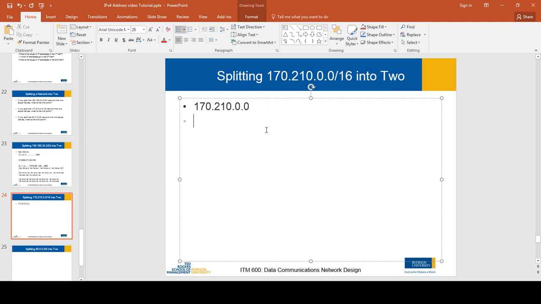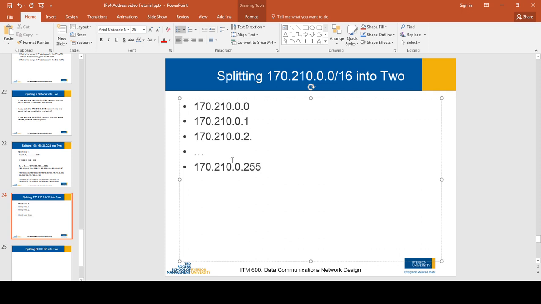So if you start listing the IPs, we'll have 170.210.0.0, and then 0.1, and then 0.2, and if you keep going like this, it will come to 170.210.0.255.